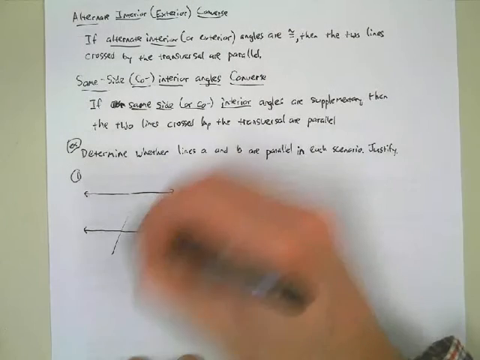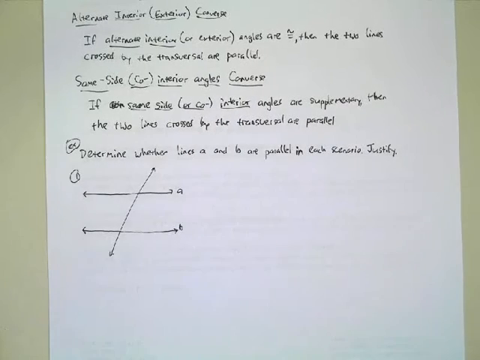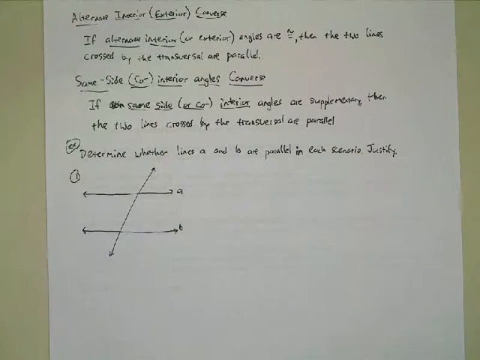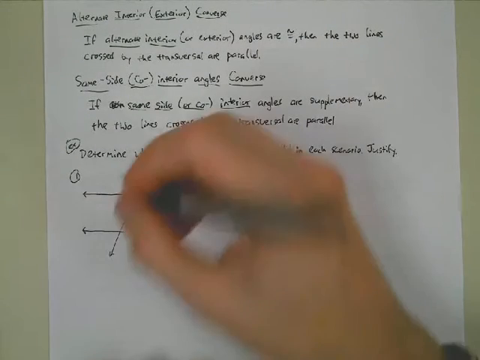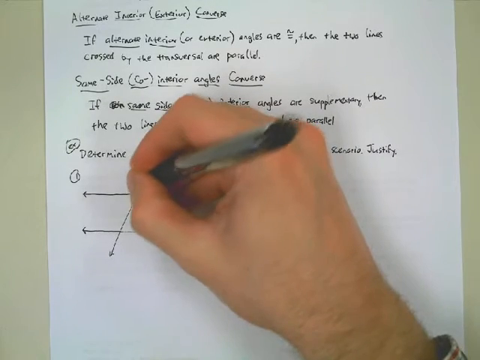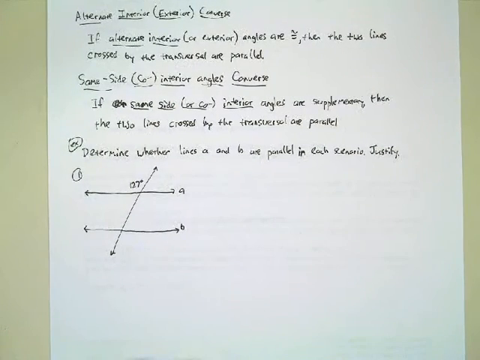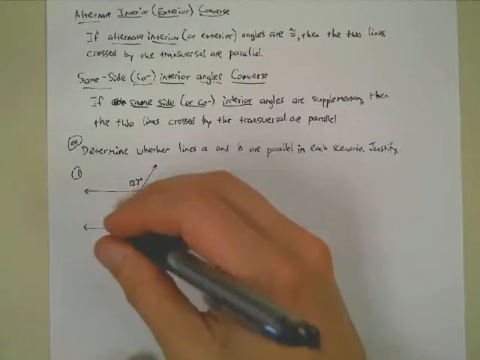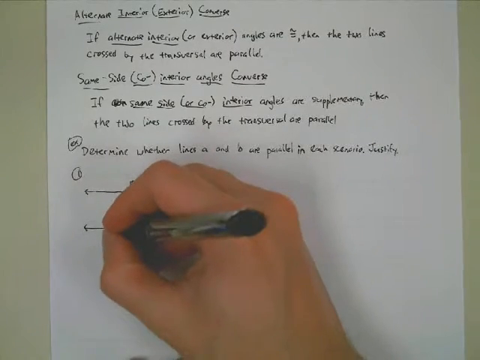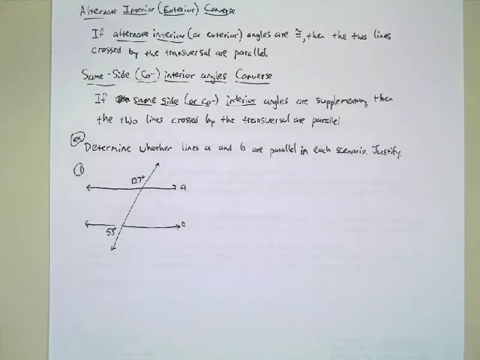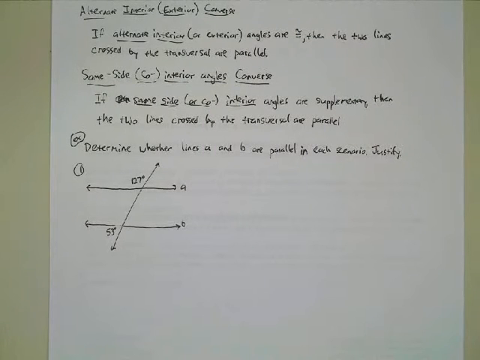And cross by a transversal here. And so I'll give us some labels. I'll say that's 127 degrees right there, and this is 53 degrees right there. Okay.